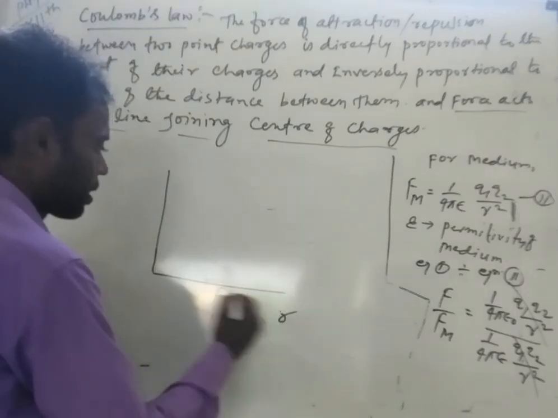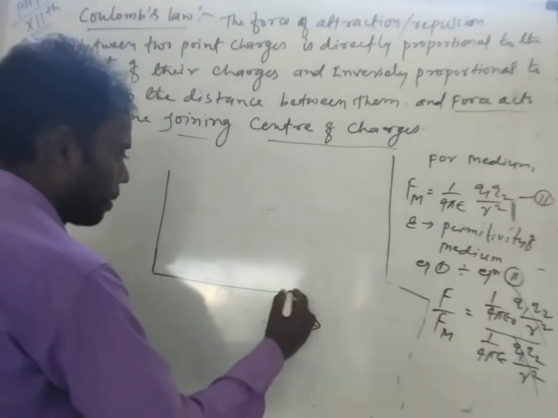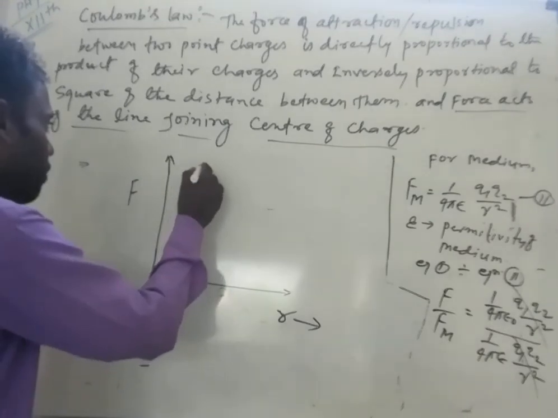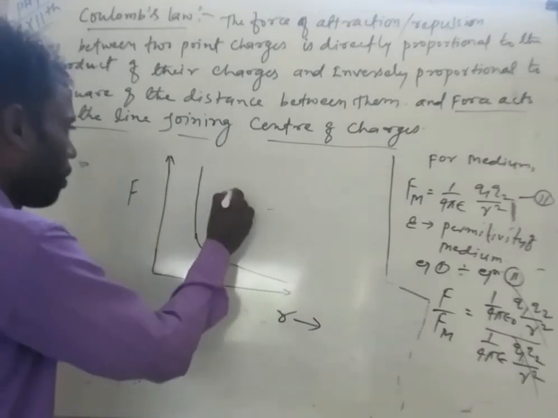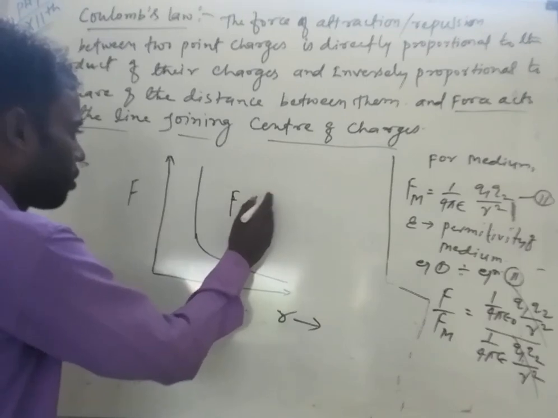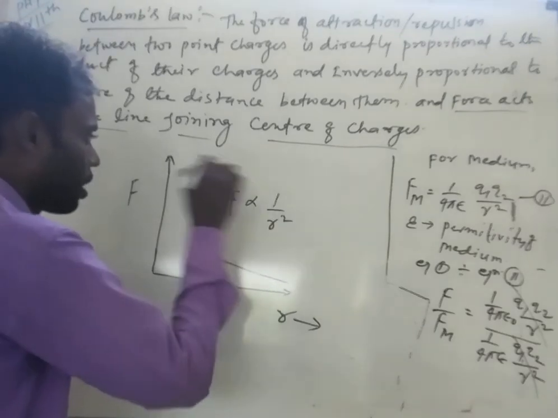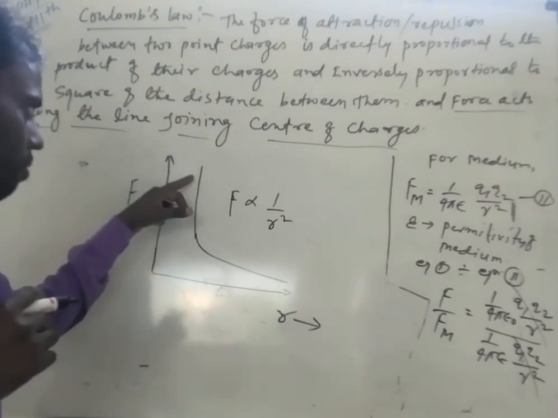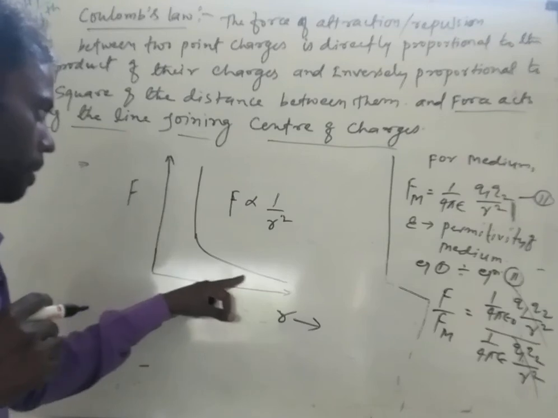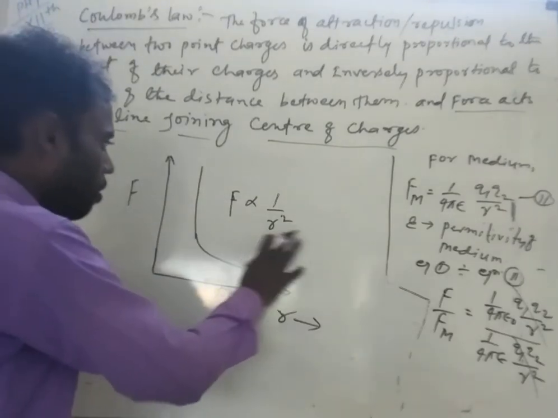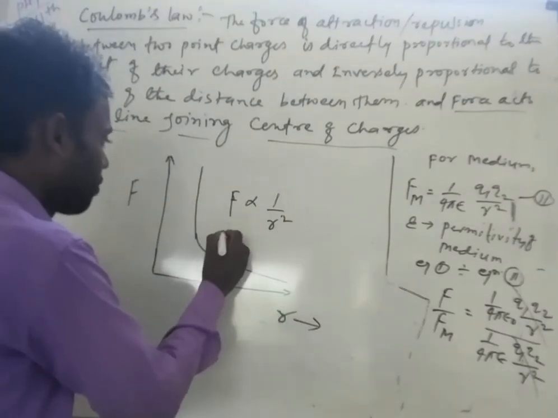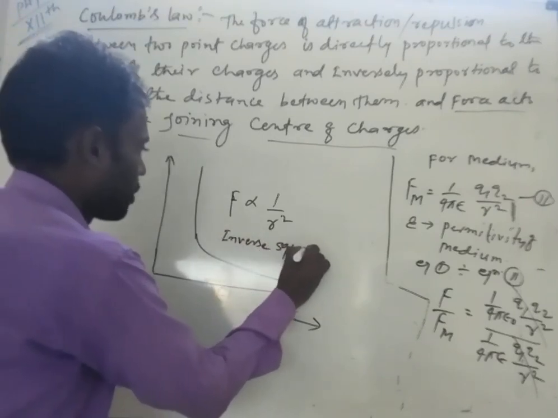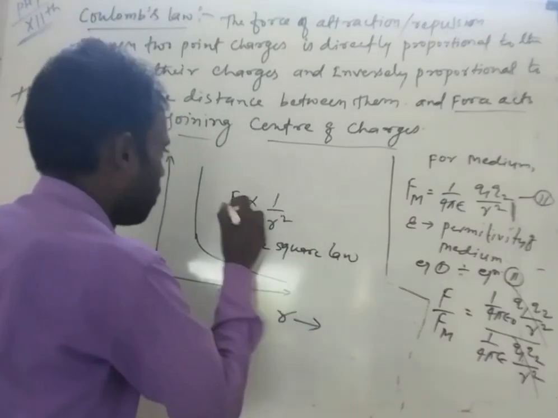Along the x-axis we take r, along the y-axis the force, and the graph will look like this, because the relationship between force and distance is inversely proportional. That's why the graph looks like this. This law is called the inverse square law.